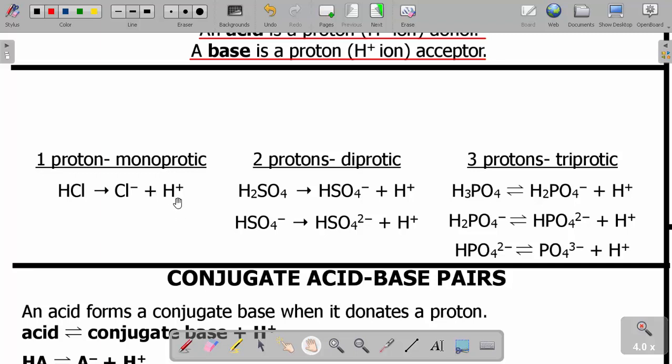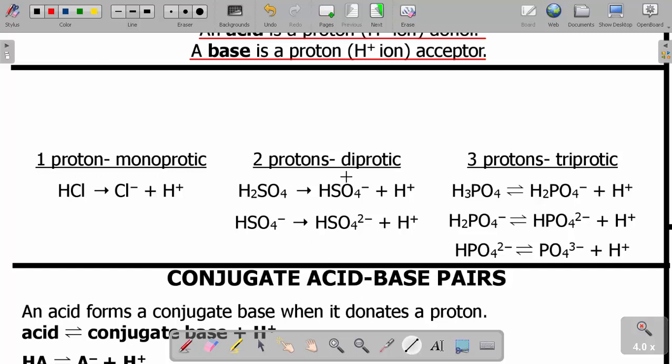This hydrogen ion is one proton, and hence HCl is called a monoprotic acid. However, sulfuric acid donates first one proton, and then again donates another proton. So 1 plus 1, those are two protons, which makes it a diprotic acid. So sulfuric acid is an example of a diprotic acid.